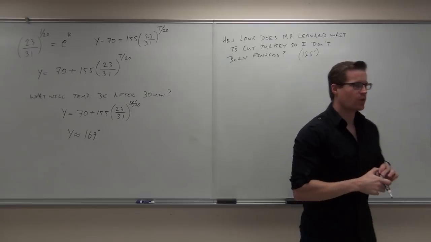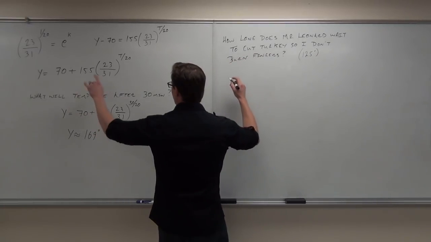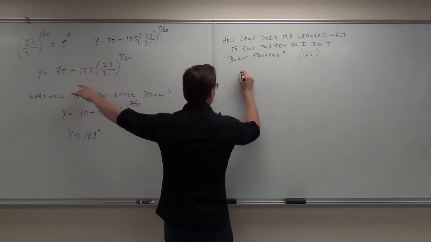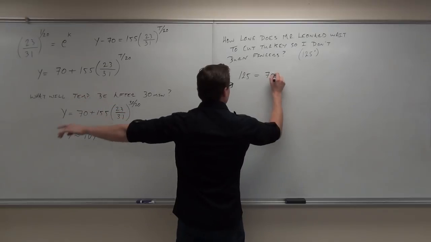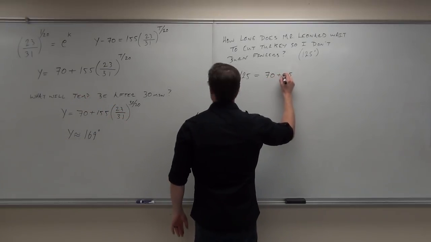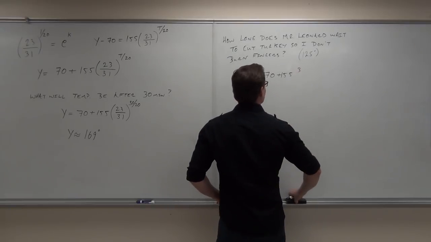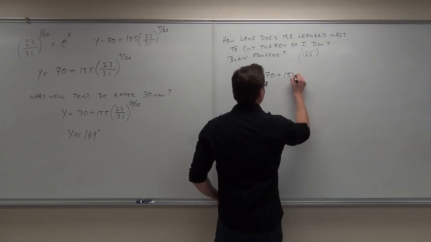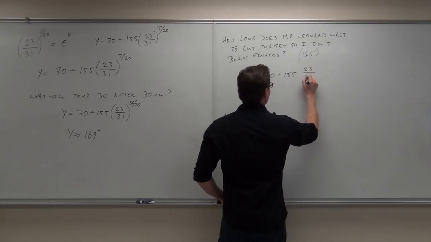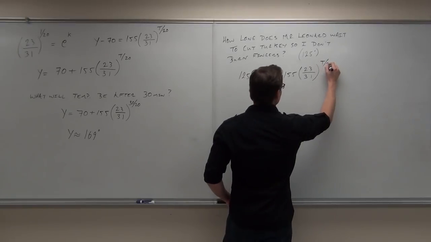Question: where would the 125 degrees go? So for our model for this particular turkey, we'd have 125 degrees equals 70 plus 155, 23 over 31 to the t over 20.